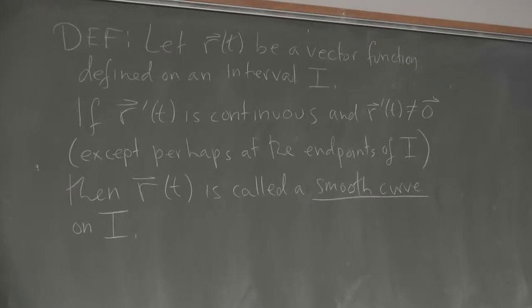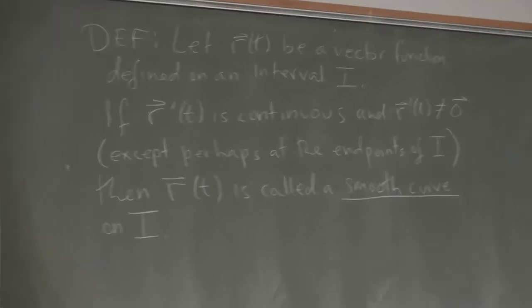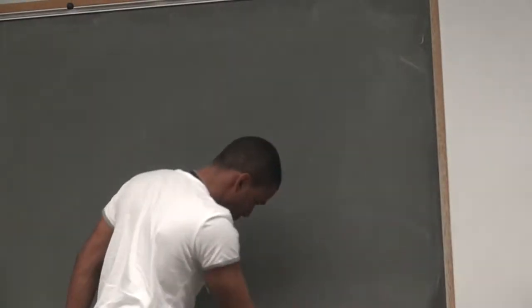There's a lot of information packed into that I should probably talk about. So what happens at a point where the function is continuous but the derivative is undefined?